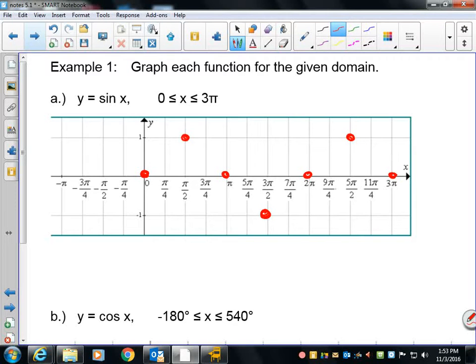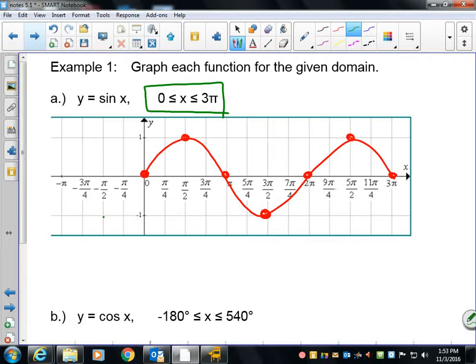Okay, this says from 0 to 3 pi, draw sine x, right? So all I need to do is come in and do my curvies. Could I go backwards? No. If I drew it, it would be a proper part, but it's telling me here only from 0 to 3 pi. Okay.